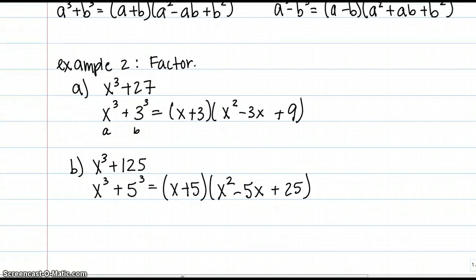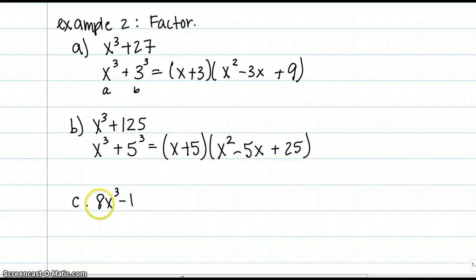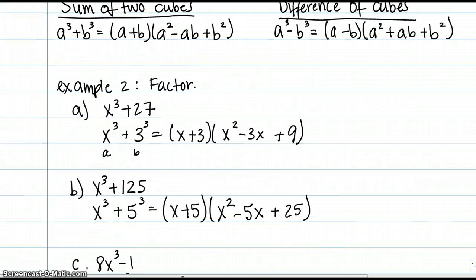All right. So here's another one, but this one we're going to do the difference of two cubes. So if I have 8x to the third minus 1, and I want to rewrite this as a difference of two cubes, well, 2x to the third is the same as 8x cubed, because 2 to the third is 8, and then 1 to the third power is 1. So this one is just a little bit different. Remember, the difference of two cubes is a minus b.